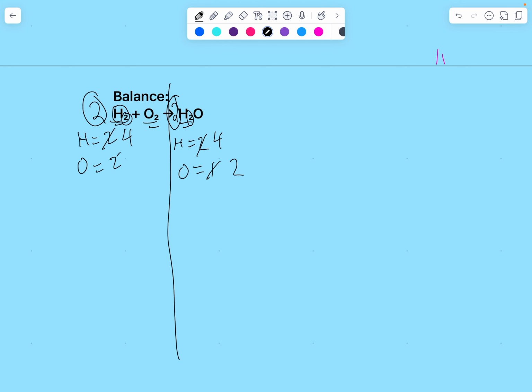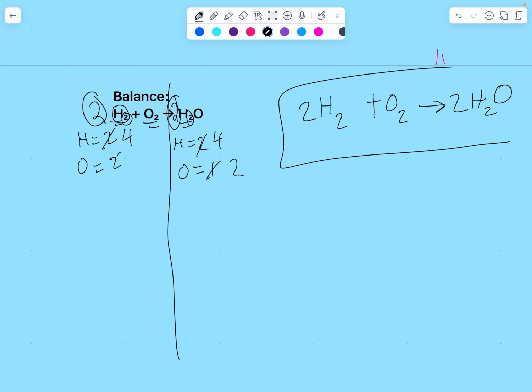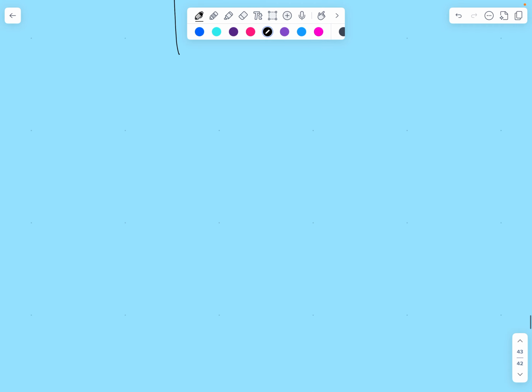So I have 4 hydrogens and 2 oxygens, right? You have to fix hydrogen by adding 2 in front of H2. So the balanced equation and the answer is 2H2 plus O2 is forming 2H2O. This is your answer.